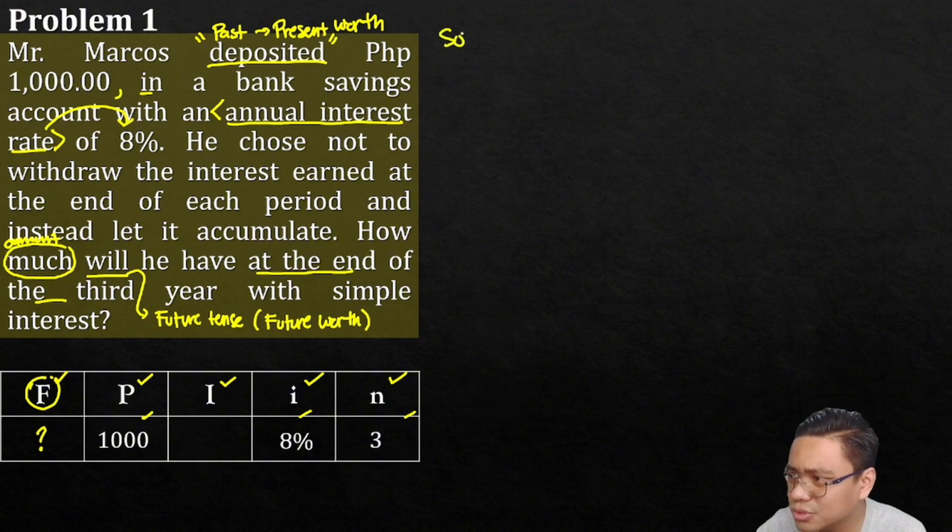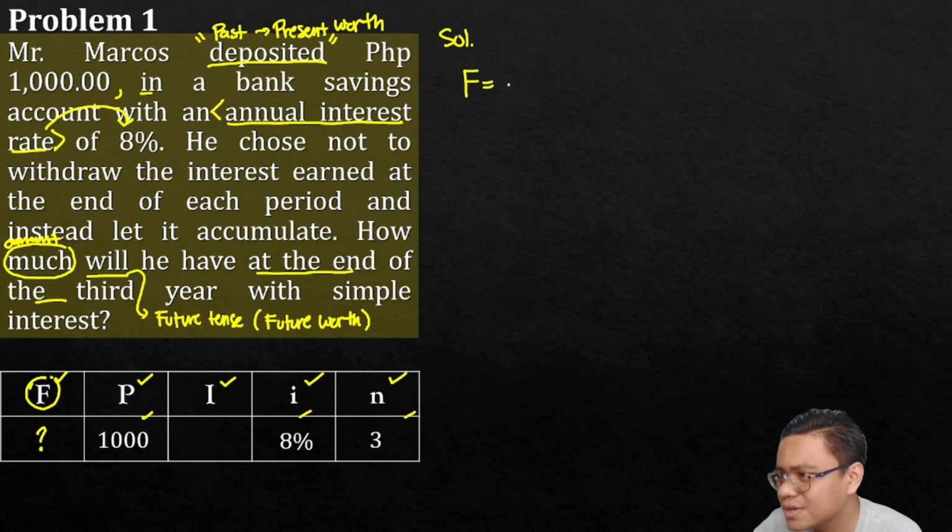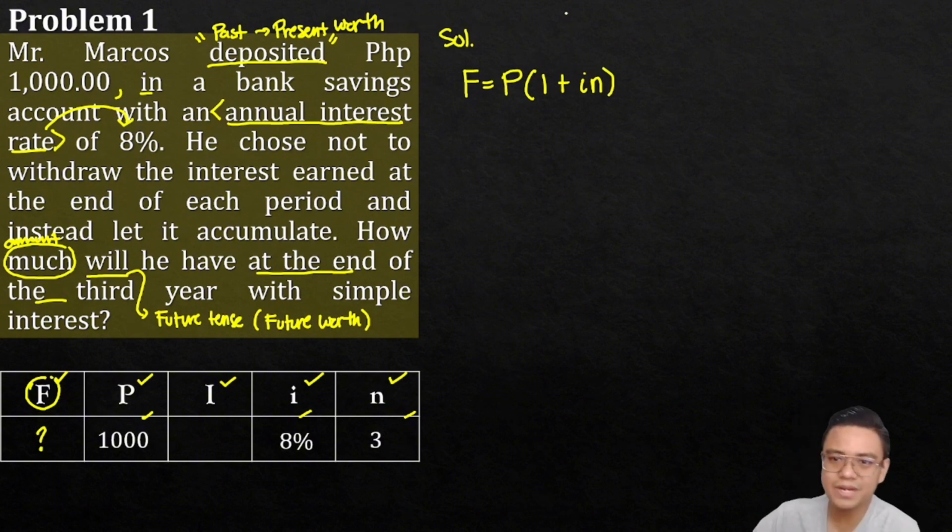So, this is our solution here. Future worth. We know that the formula is F equals P times the quantity 1 plus the value of I, the interest rate, times the annual period. Okay, so all we have to do is substitute.